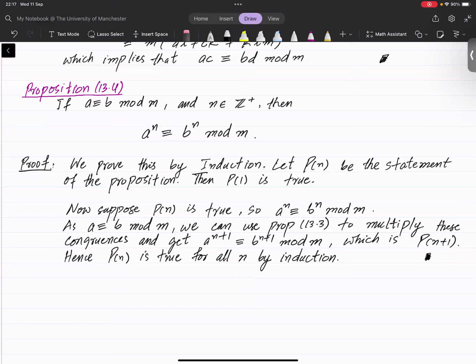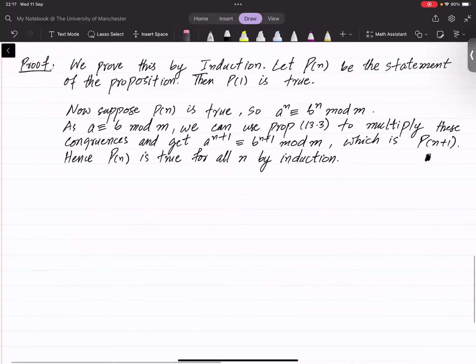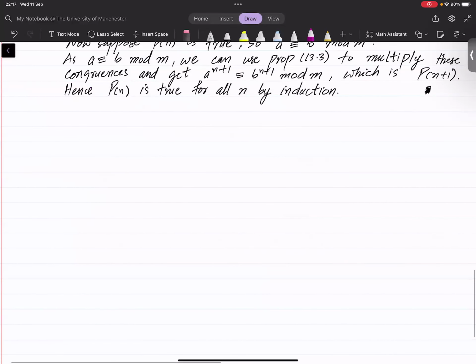Now, these results give us some powerful methods for using congruences, as we shall now attempt to demonstrate in a few examples. So let's do some examples. Example 13.2.